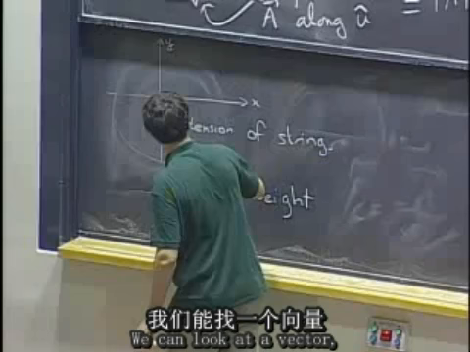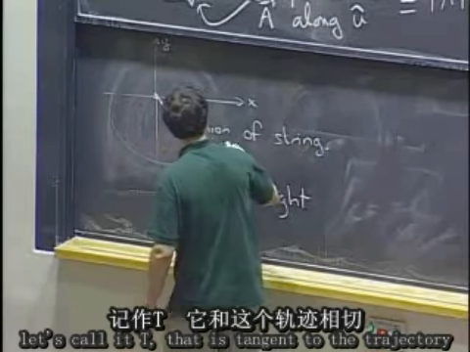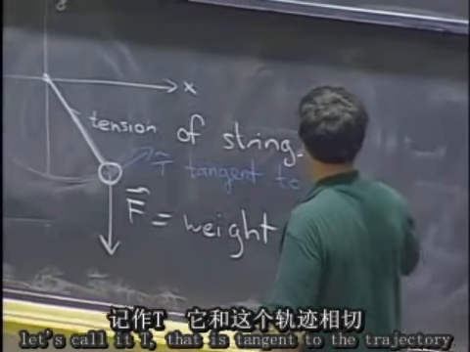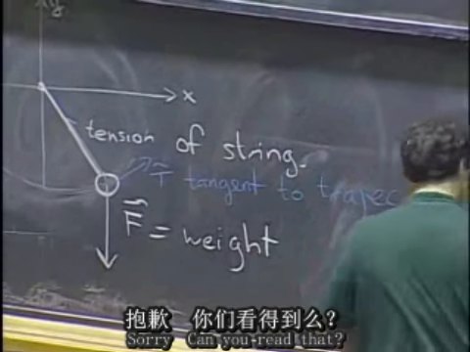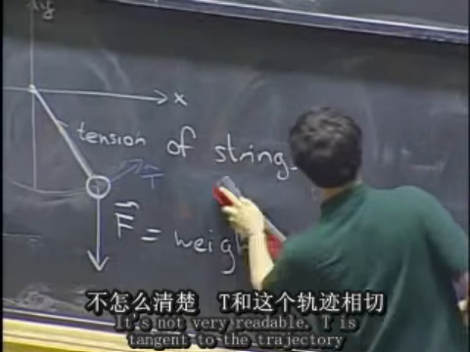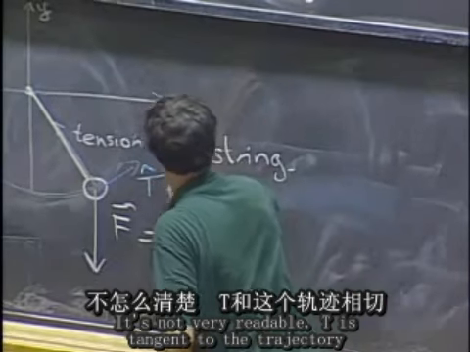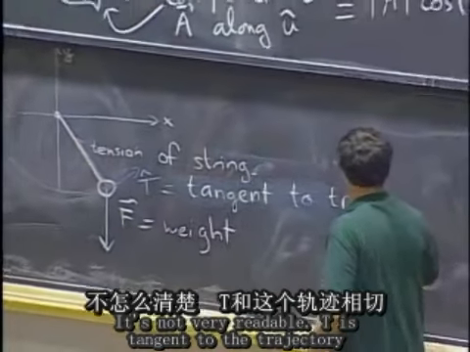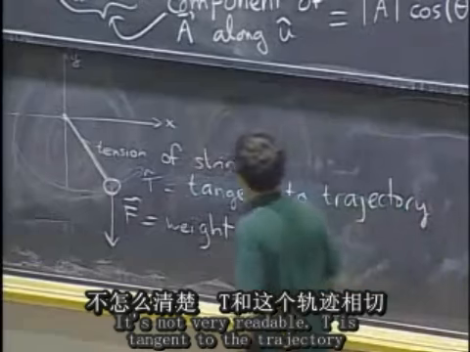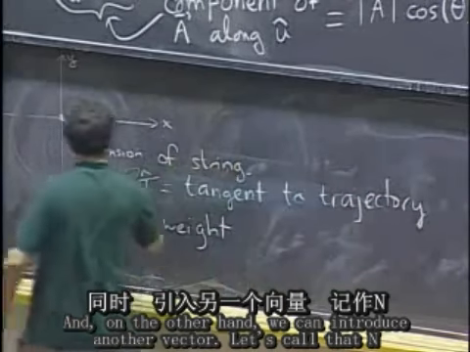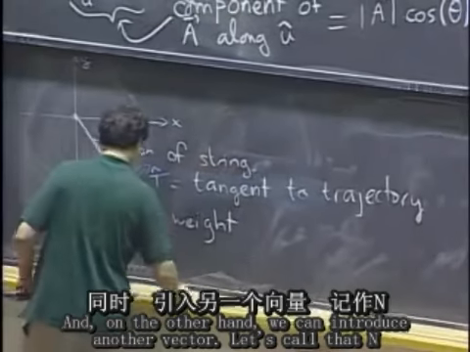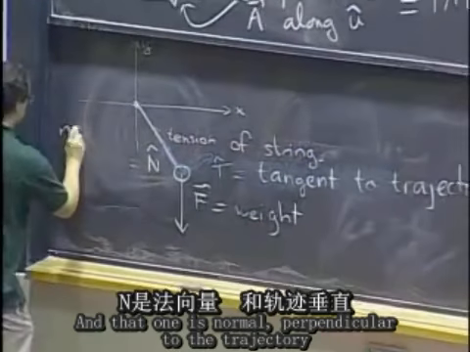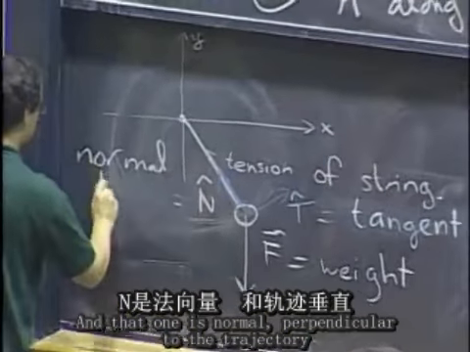We can look at a vector, let's call it t, that's tangent to the trajectory. Sorry, can you read that? Maybe it's not very readable. So t is tangent to the trajectory. On the other hand, we can introduce another vector, let's call that n, and that one is normal, or perpendicular, to the trajectory.